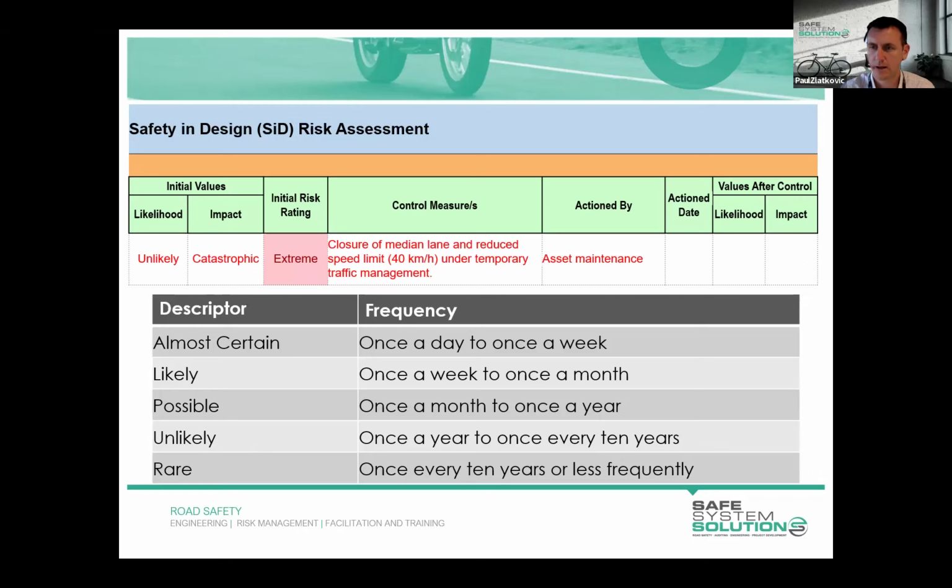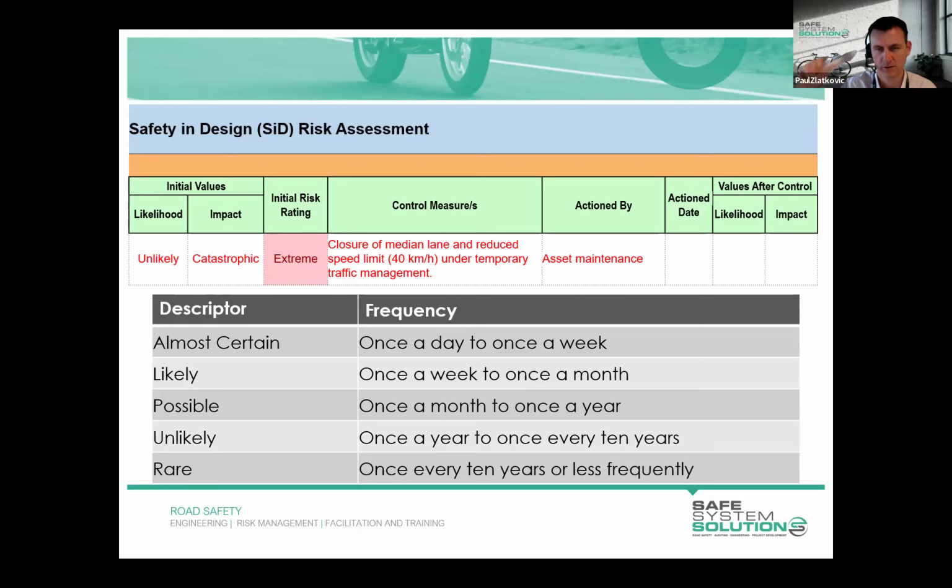Thanks, Loretta. Okay, so everything's shifted there considerably. So now the group thinks that rare is the most appropriate likelihood there. We've still got some in the likely and possible and unlikely range. And as I said, I haven't given everyone enough information to accurately assess this risk.